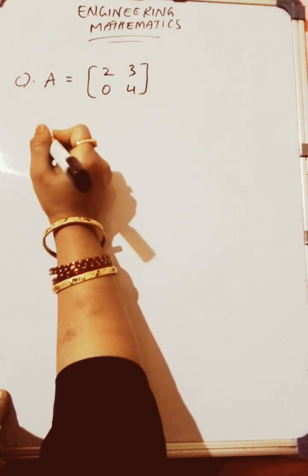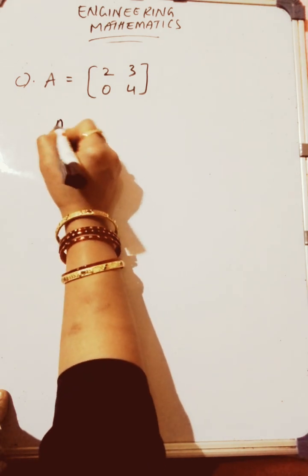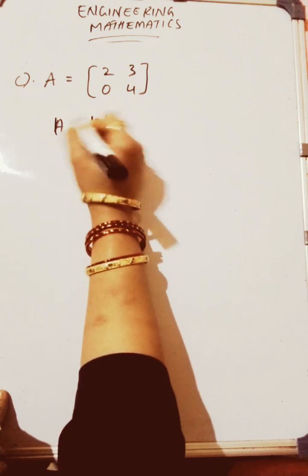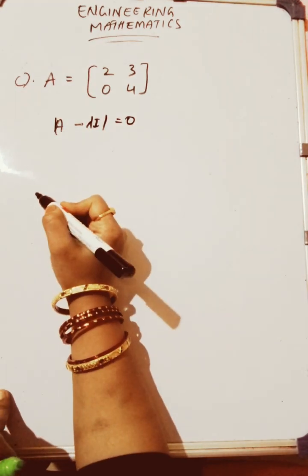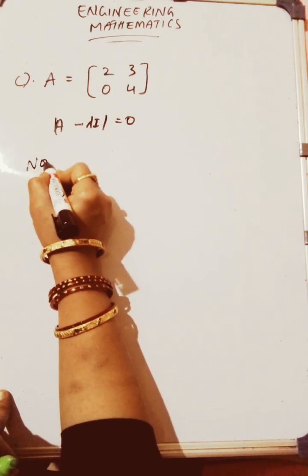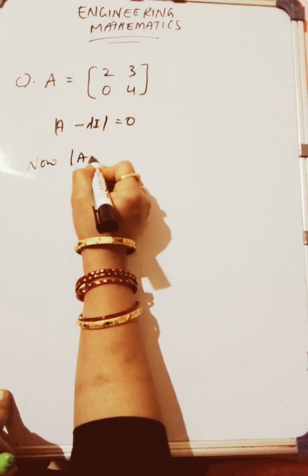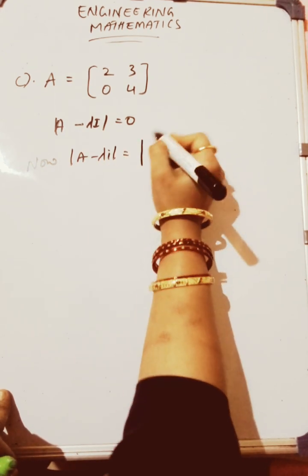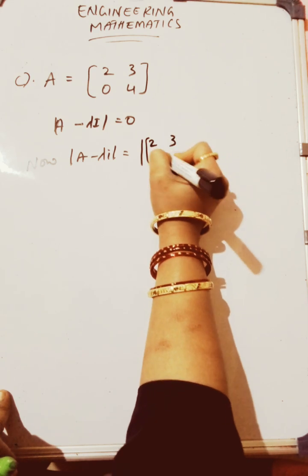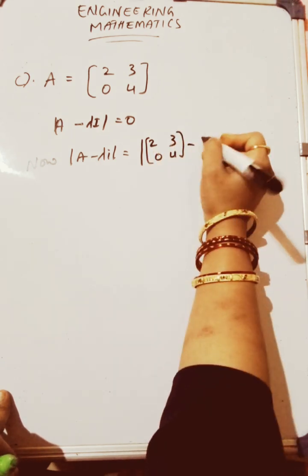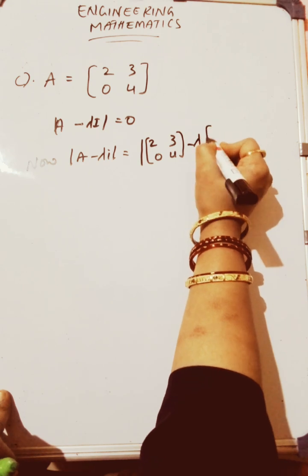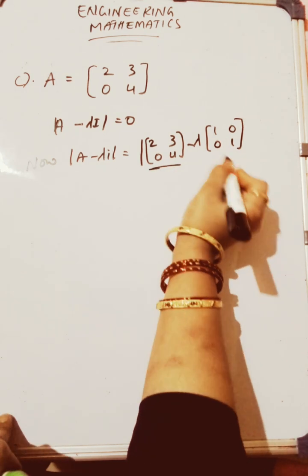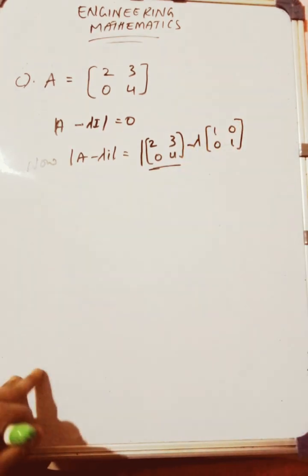We know that the characteristic equation is determinant of A minus lambda I is equal to 0. Determinant of A minus lambda I is the determinant of the matrix 2, 3, 0, 4 minus lambda times the identity matrix 1, 0, 0, 1. Why am I taking 2 by 2 here? Because it is a 2 by 2 matrix, so I am considering this 2 by 2 identity matrix only.